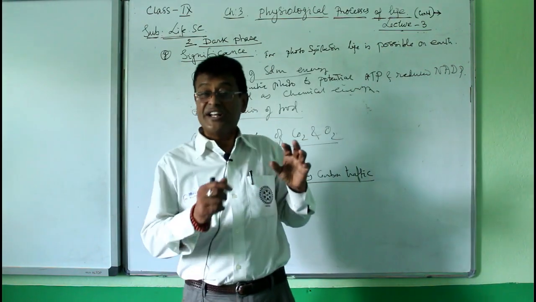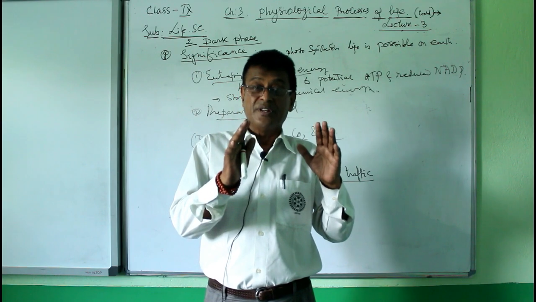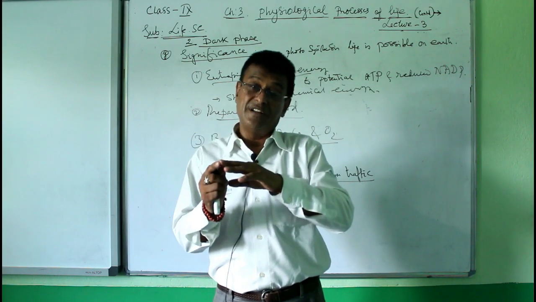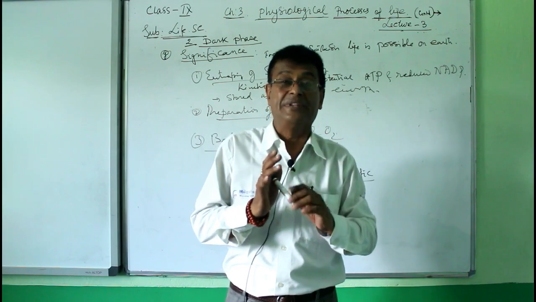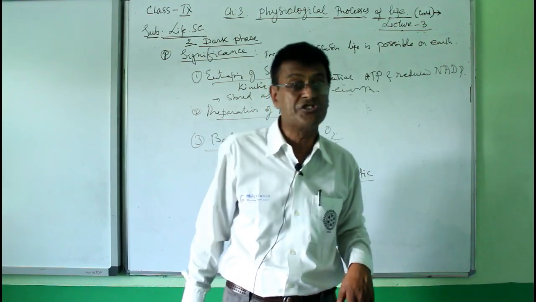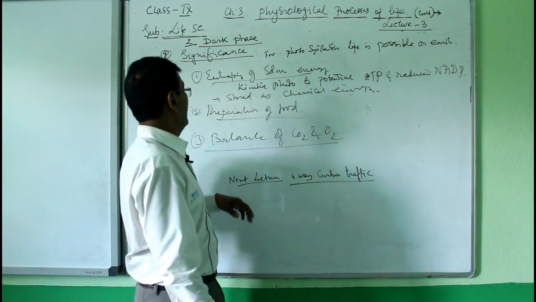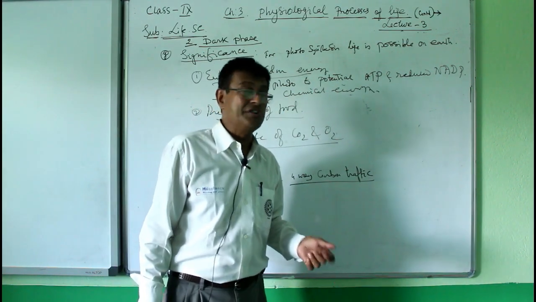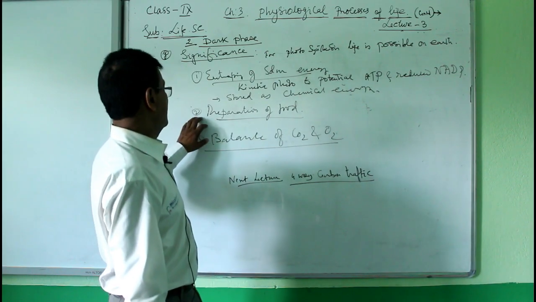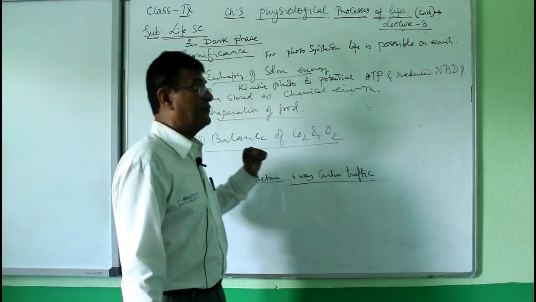So, kinetic energy is kept as chemical energy in the potential form. There is no movement, so it is a potential form. So that is what there, and it is stored as chemical energy. Well, the second thing is the preparation of the food.